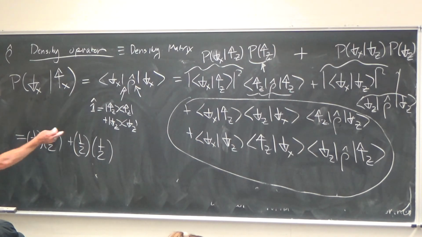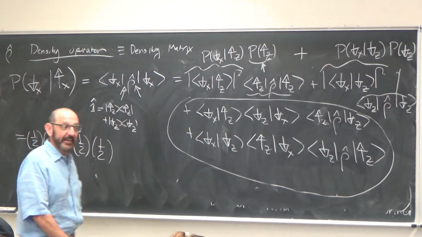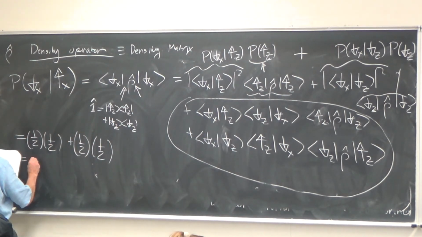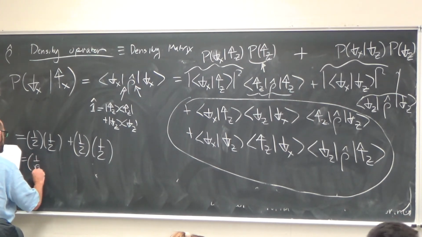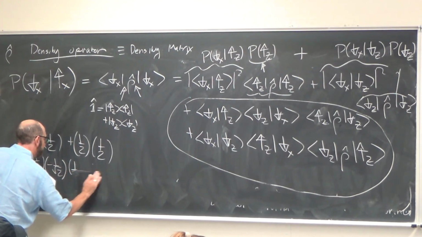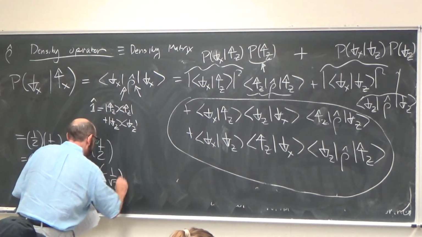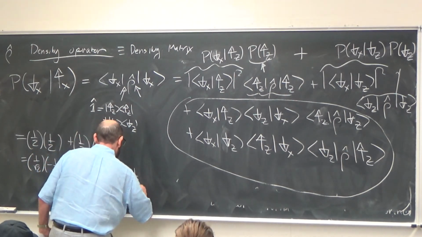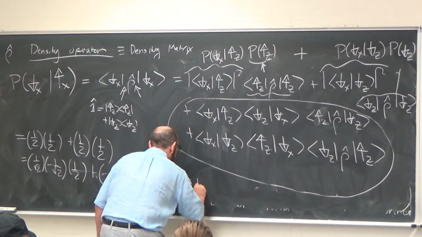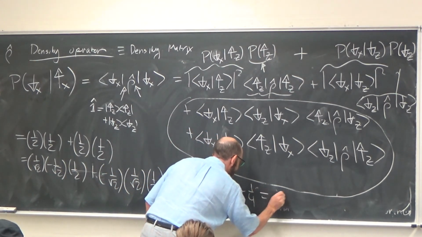However, when you put in what those off-diagonal matrix elements are with the right minus sign that I've written over there, this is equal to 1 over root 2 times minus 1 over root 2 times a half, plus minus 1 over root 2 times 1 over root 2 times a half, which is a quarter plus a quarter minus a quarter minus a quarter, which is 0.